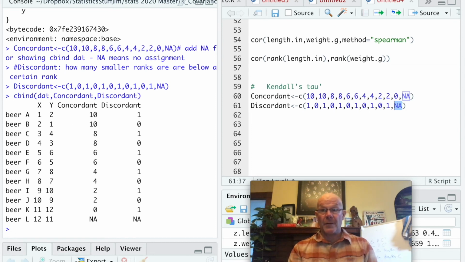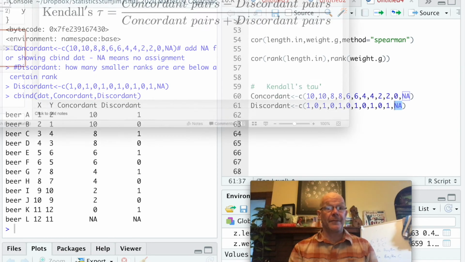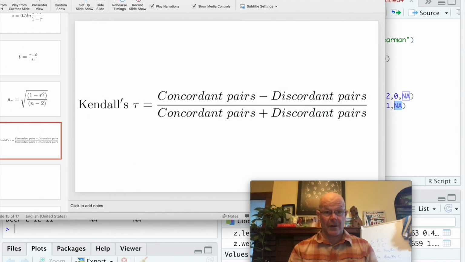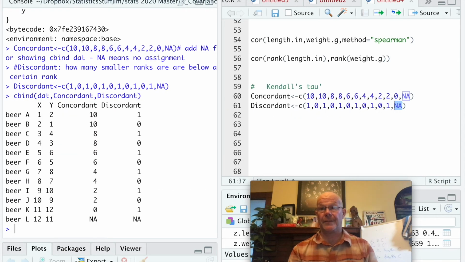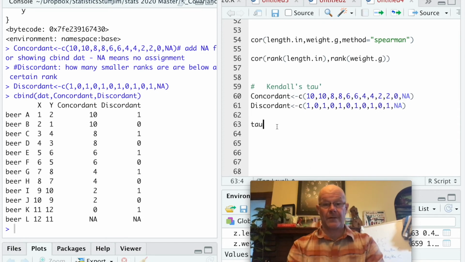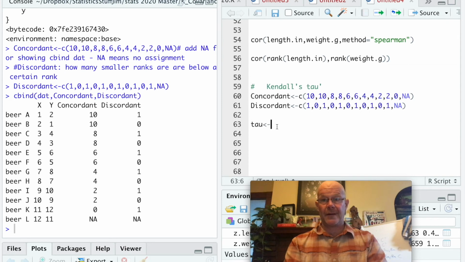And so if we were to pop that into the equation for Kendall's tau, right? Concordant pairs minus discordant pairs, divided by concordant pairs plus discordant pairs. So we would say tau is going to get what?